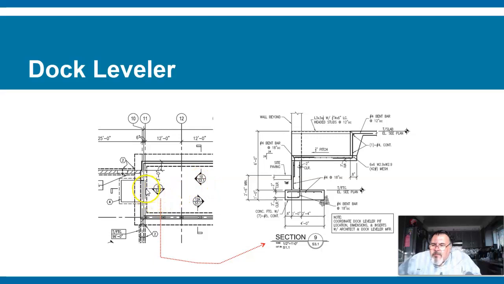This guy from the middle of the foundation on the front is a 9. This one's a 10, this one's a 9, and this one's a 12. So they could be similar in shape in that they both follow the same footprint and the walls in relationship, but they change. So let's look at 9.